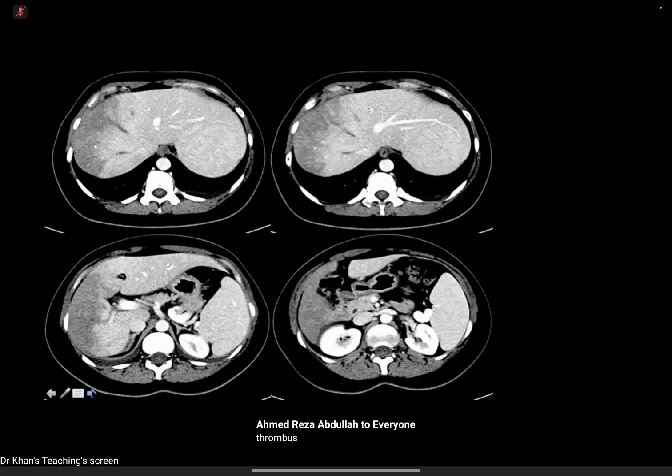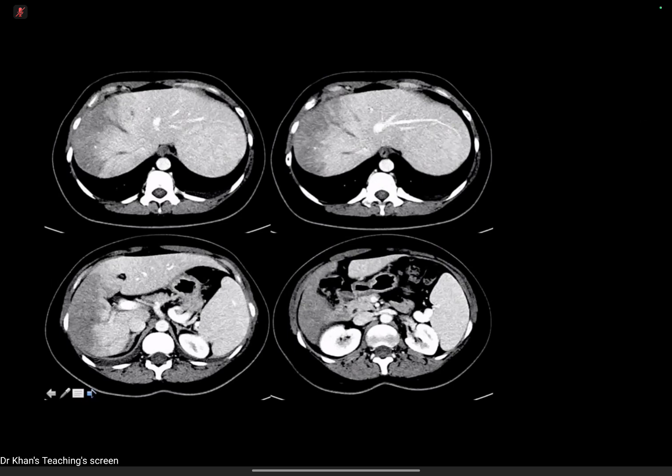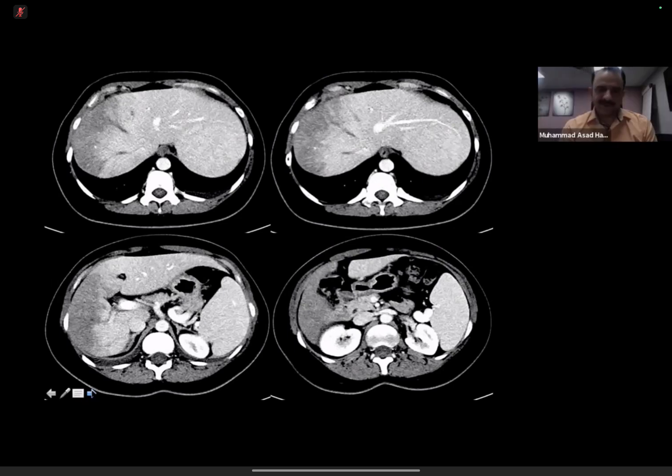I can see the left, but not the right. Good. So the right hepatic vein is not visualized, and what could be the reason it's not visualized? It could be thrombosis. Good. Excellent. So that should give you your diagnosis there.